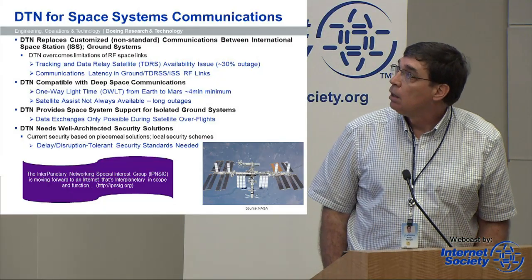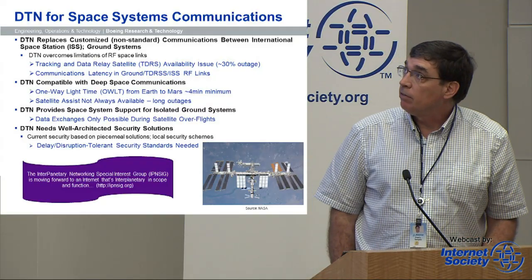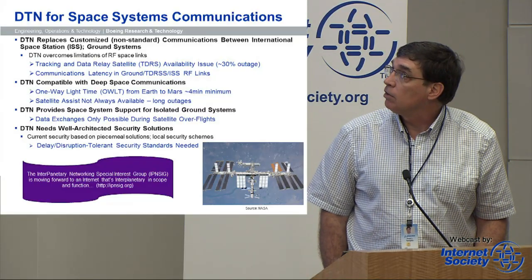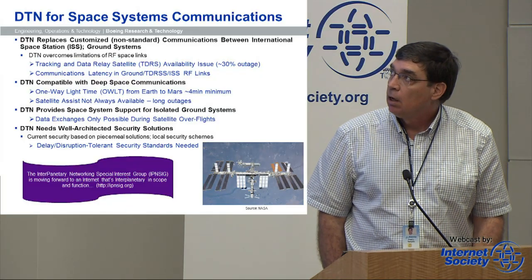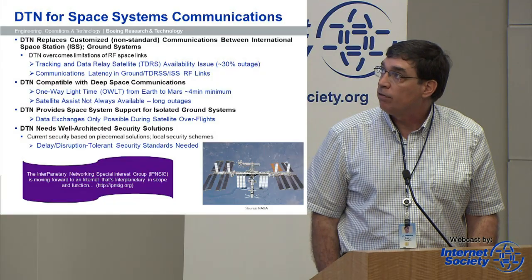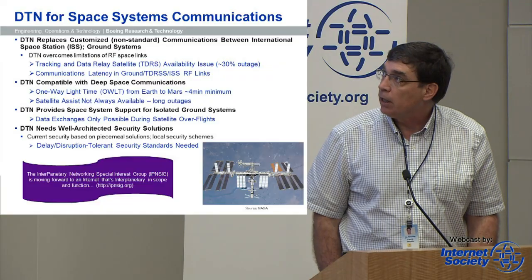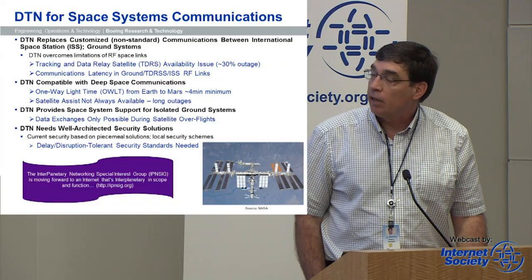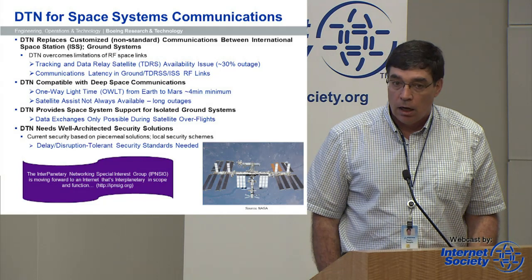Next chart. So DTN space-based communications: DTN replaces customized non-standard communications between the International Space Station and ground systems. It overcomes limitations of RF space links, as we've heard already today in several other presentations, the TDRS availability issue, communications latency, and ground TDRS ISS RF links.